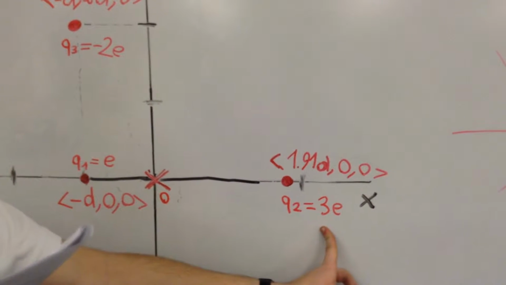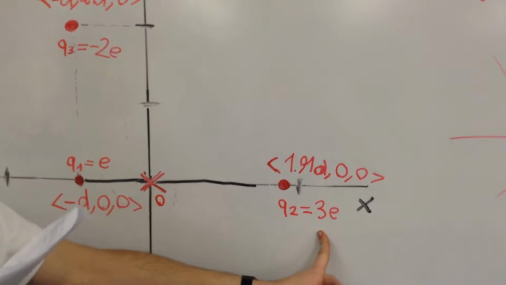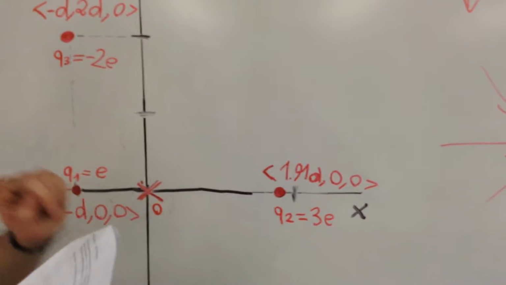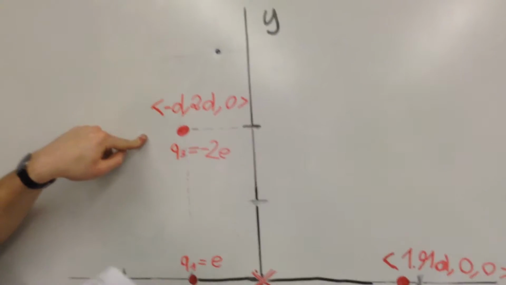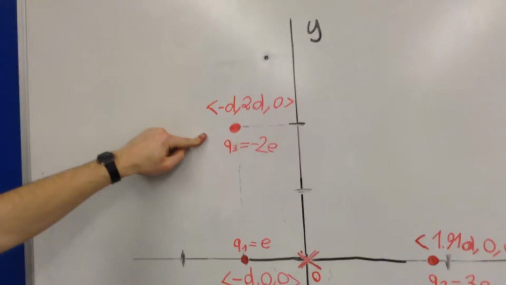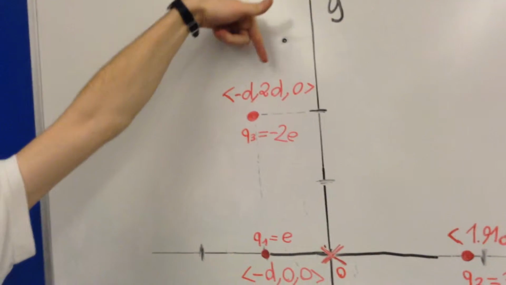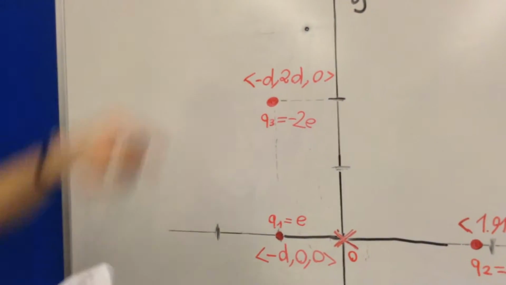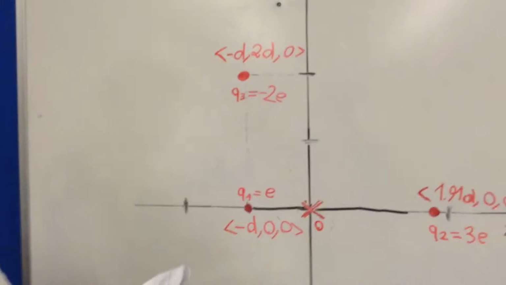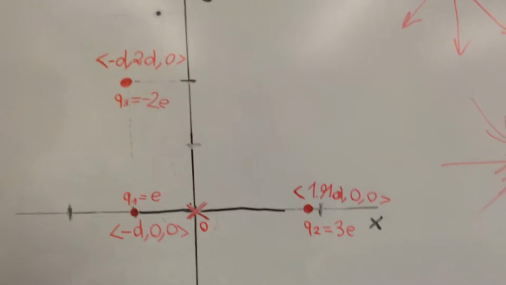It is located at 1.91D, 0, 0. The third particle, Q3, is equal to minus 2E, and it is located at minus D, 2D, 0. Note that E is the charge of the proton, and D is a positive distance.